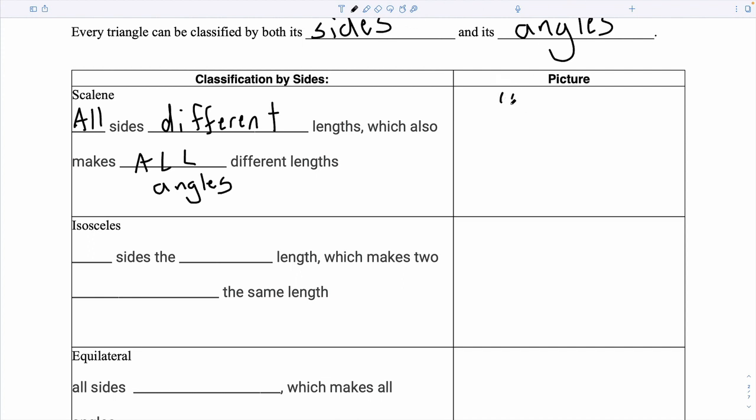Scalene, when you hear the word, you're going to think of a really scary looking triangle. I like everything to be really neat and similar and common, and a scalene isn't that. A scalene is extremely different. Every side is different from the other.